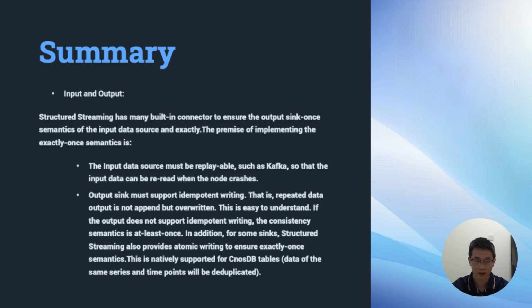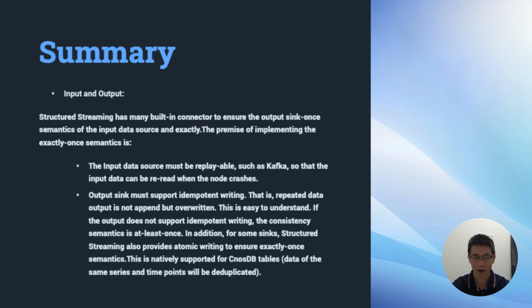For example, the data source must be replayable, like Kafka, where you can specify an offset to read from. This allows you to continue processing from where you left off if your program crashes and the system goes down. It avoids reprocessing the entire data from the beginning, which would waste resources and increase cost.